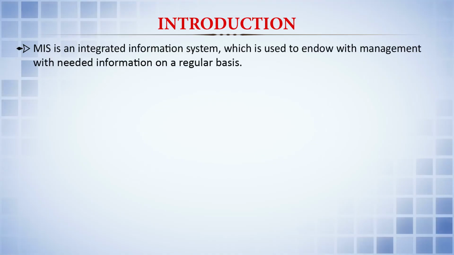So, management information system, as we know, is not a simple and isolated system. It is an integrated information system which is used to endow management with needed information on a regular basis.